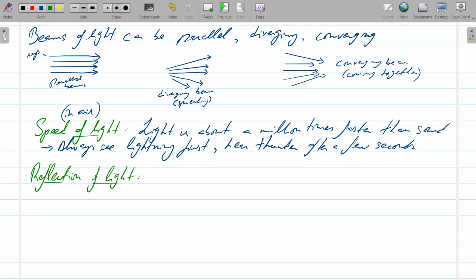For the time being, we are considering reflection happening on a plane surface, which means a uniform, straight surface. And most likely polished. So we're talking about a plane mirror.